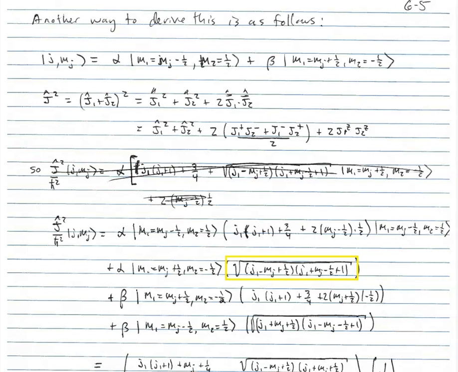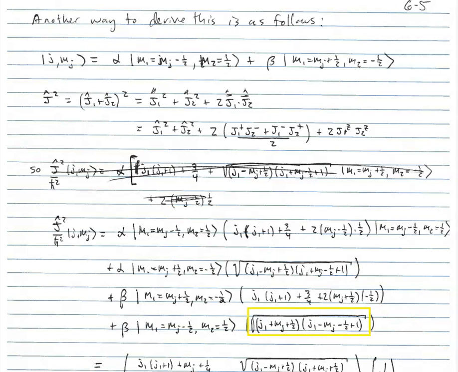In that case, we get first the diagonal terms, j1 times j1 plus a half plus 3/4 plus 2 times mj plus a half times minus a half. And then we get the j1 minus j2 plus term, which is going to change the m1, m2 values. It's going to change the ket to the other ket. And then we multiply by the square root of j1 plus mj plus a half, j1 minus mj minus a half plus 1.